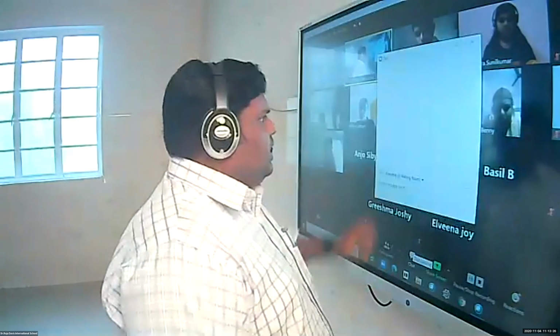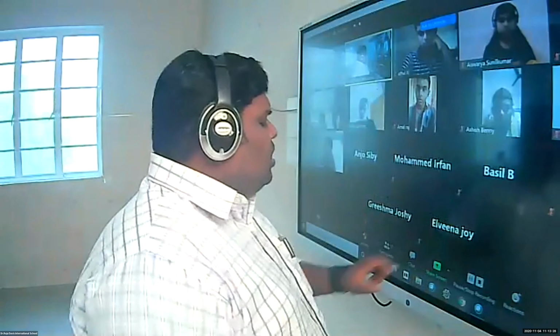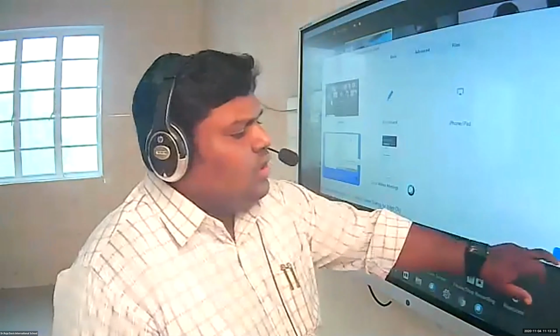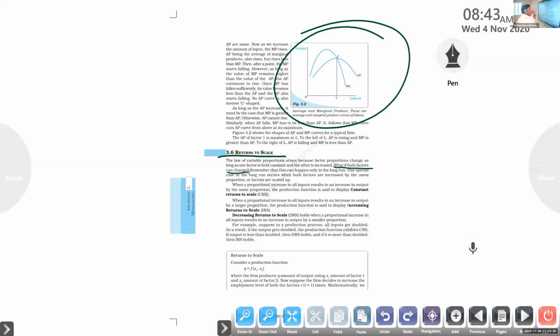Keep that idea. Here we are discussing with the example of only two inputs, and both factors are changing. Remember that this can happen only in the long run. One special case in the long run occurs when both factors are increased by the same proportion, or factors are scaled up.